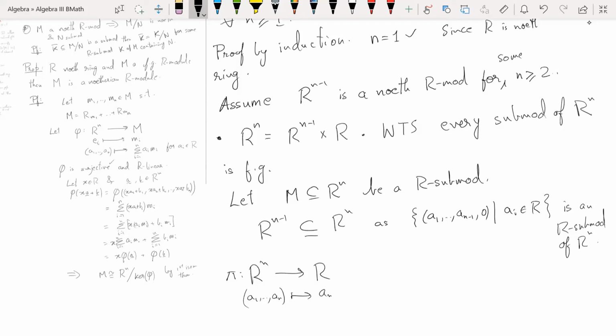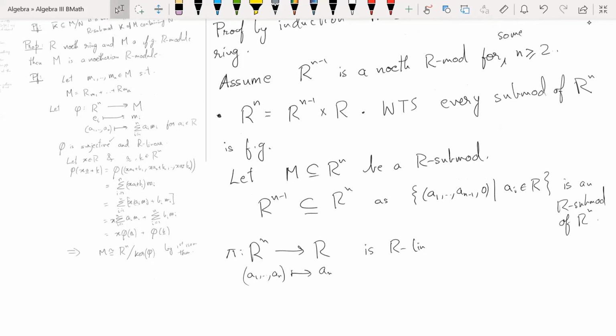This of course is R-linear, projection onto the last factor is an R-linear map. And the kernel of pi is precisely this R^(n-1), which is (a1 to a(n-1), 0). So we'll use this projection and this kernel to cook up our generators.